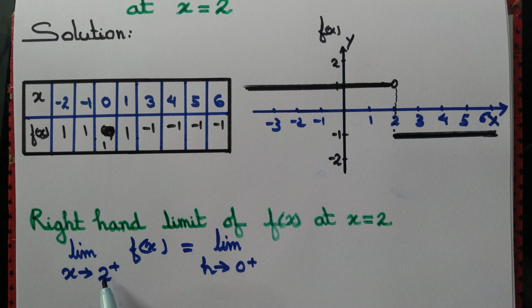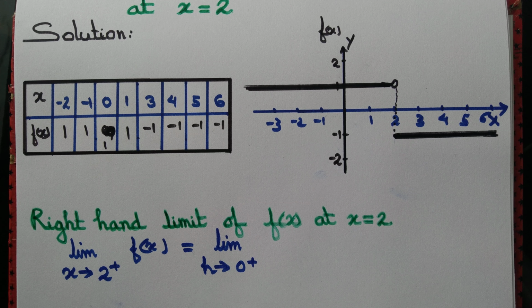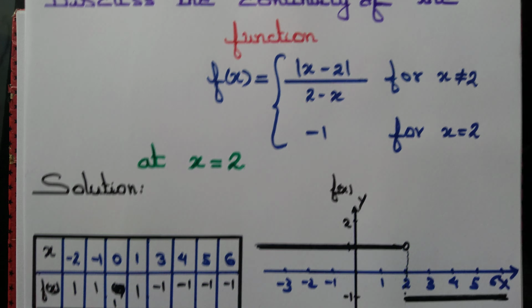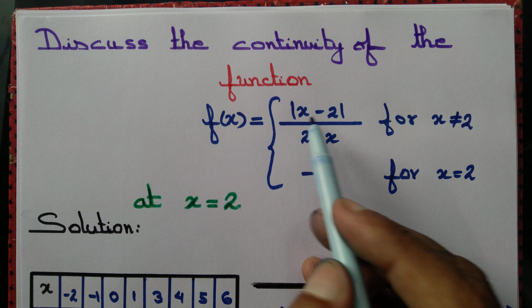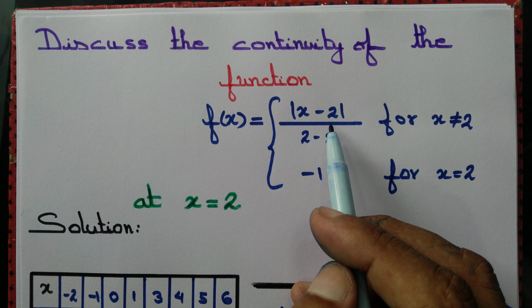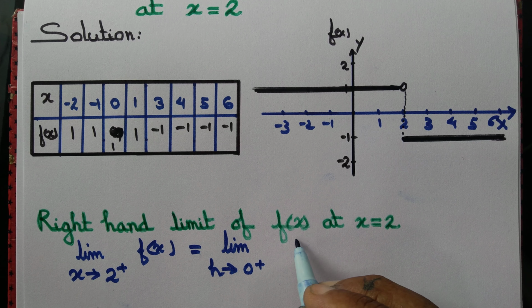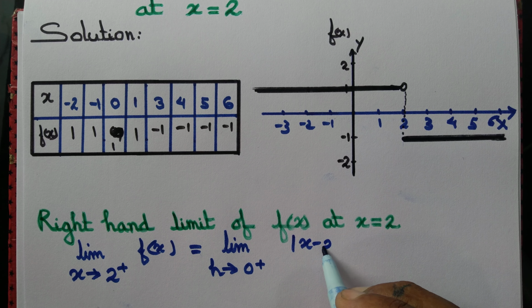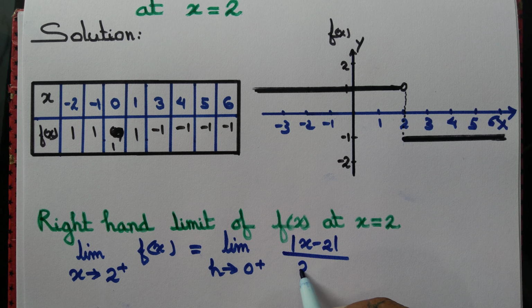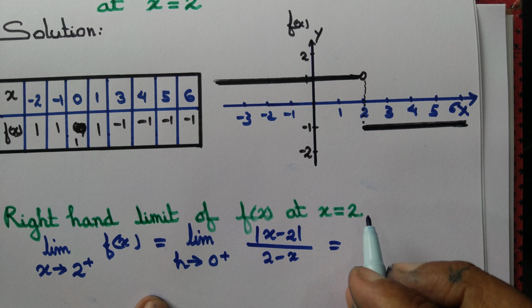But as x is greater than 2, f(x) is simply equal to mod of x minus 2 divided by 2 minus x. But we are writing x equal to 2 plus h, so let's replace x by 2 plus h.